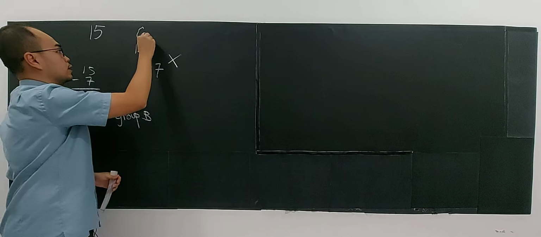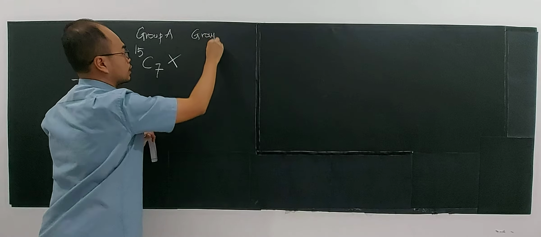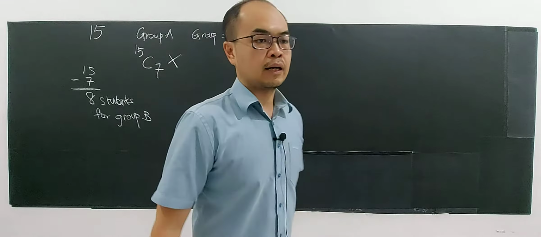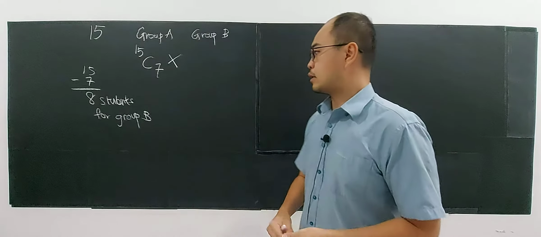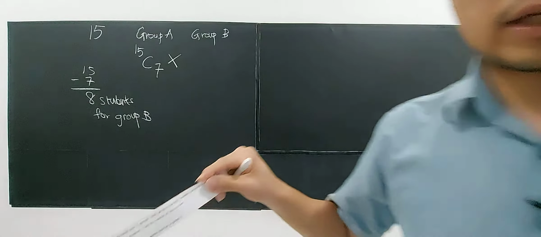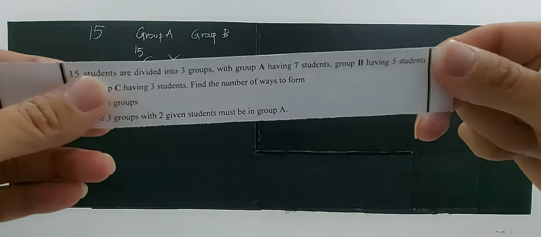So that is for group A. Now group B. Now we talk about grouping. The teacher says, now group B, I want the remaining 8 students, choosing how many students? Group B wants 5 students.